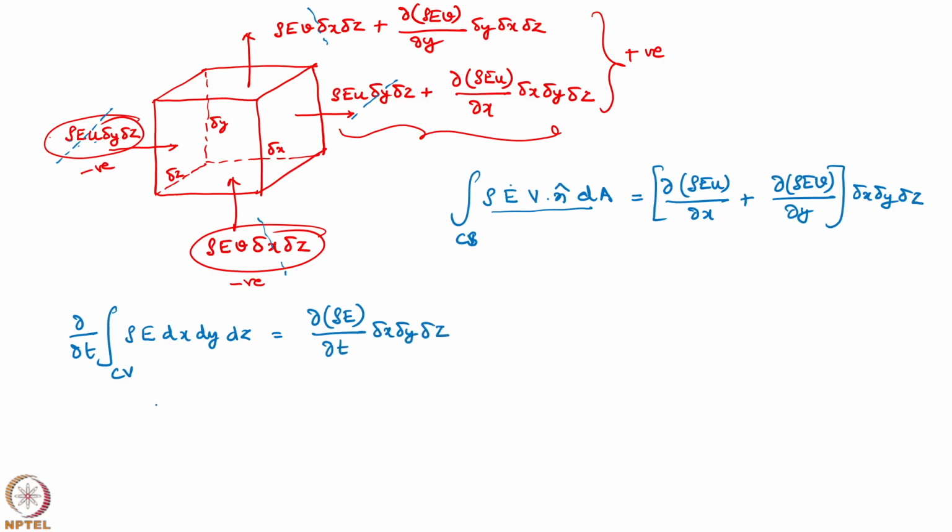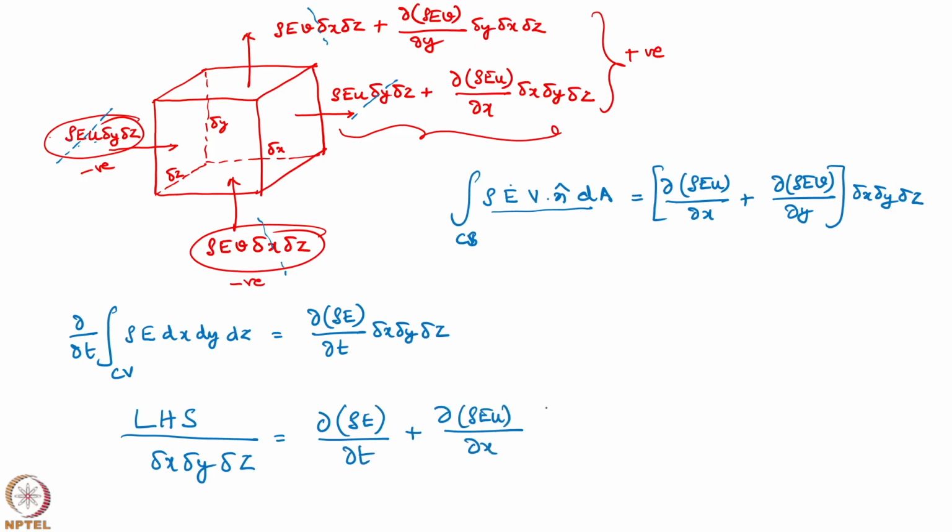So, the whole left hand side divided by delta x delta y delta z is dou of rho E by dou t plus dou of rho E u by dou x plus dou of rho E v by dou y.